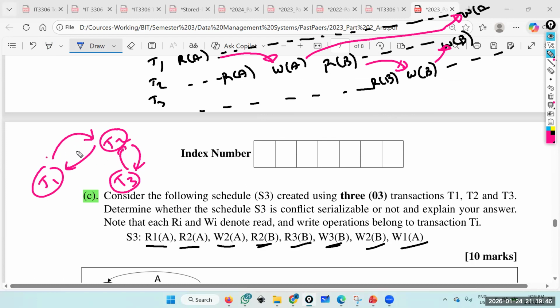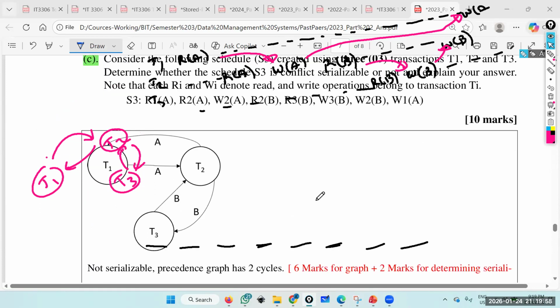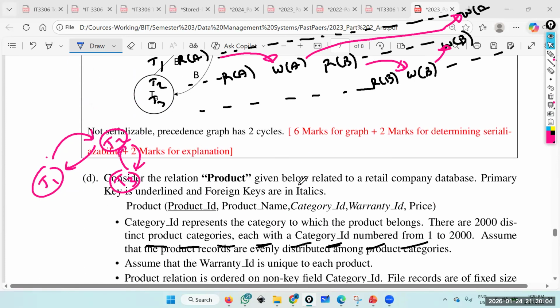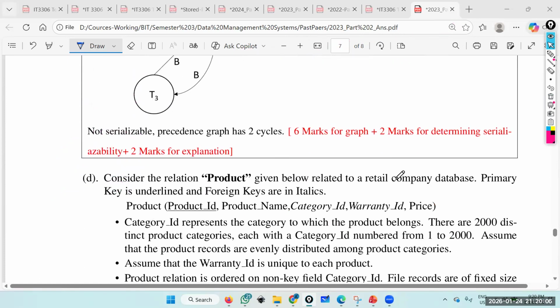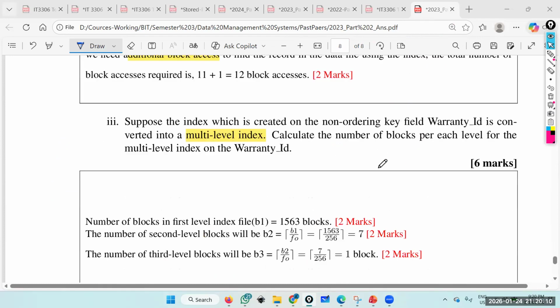Okay. Everywhere cycles. So this is not conflict serializable. Right. So then that's it. It has 2 cycles. Right. So is that all? No more. Yeah, that's all.